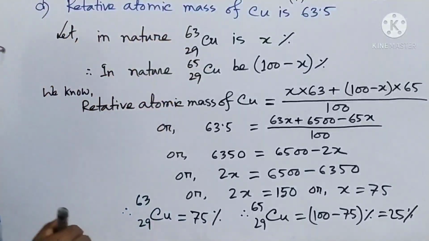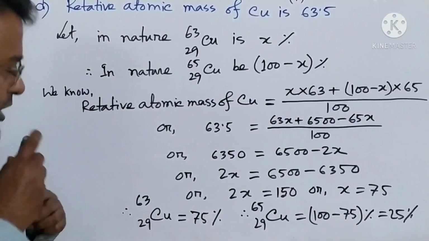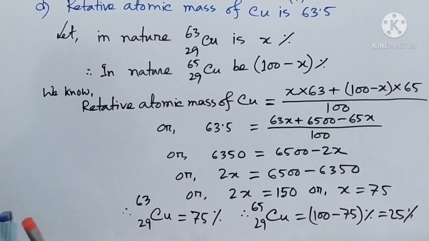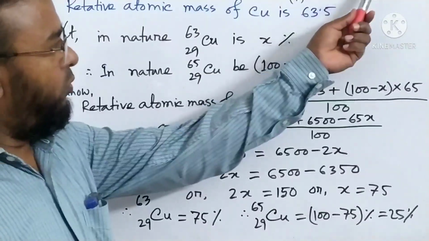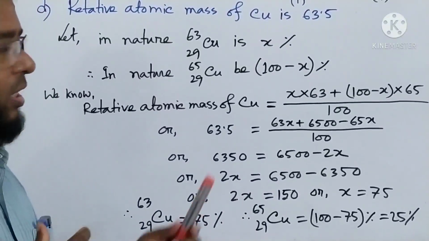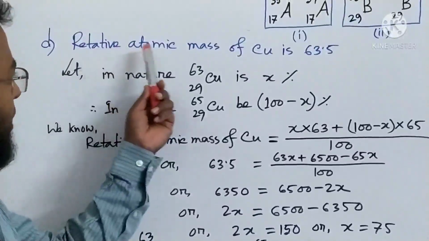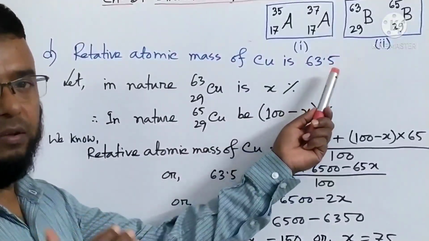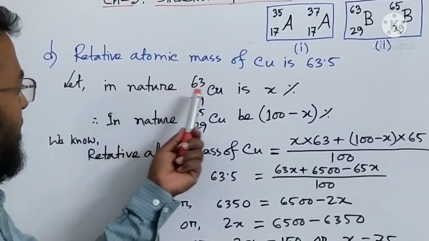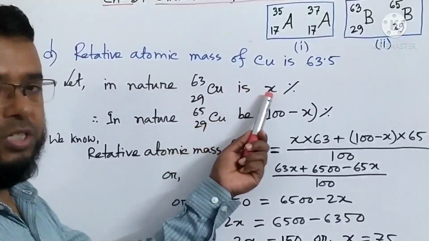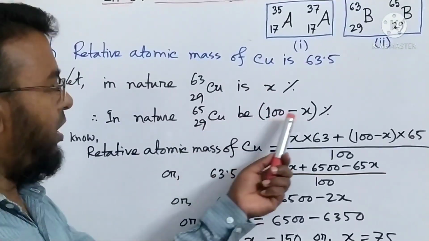Okay, so we have got the answer. Dear students, you see from the beginning again, in stem 2, the element that is given is copper. So we know the relative atomic mass of copper is 63.5. So in nature, copper 63 is available X%. So the rest one will be 100 minus X%.